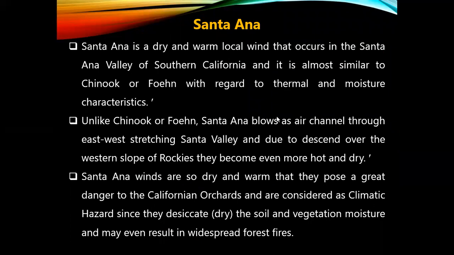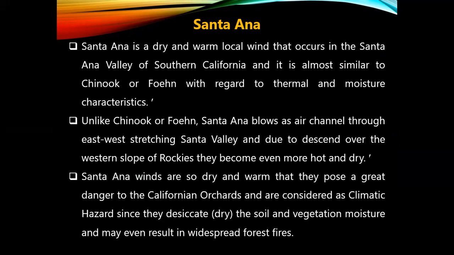Next, Santa Ana, the local warm winds. Santa Ana is a dry and warm local wind that occurs in Santa Ana Valley of Southern California, and it is also almost similar to the Chinook or Foehn with regard to the thermal and moisture characteristics.